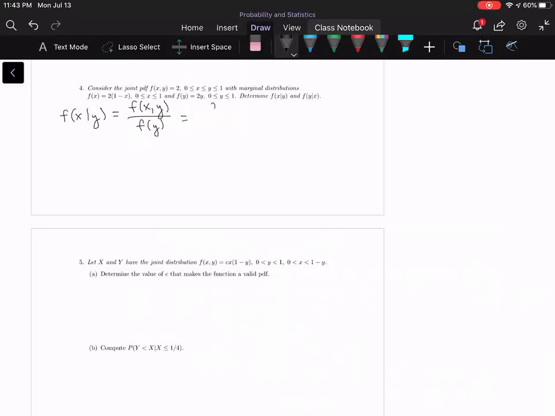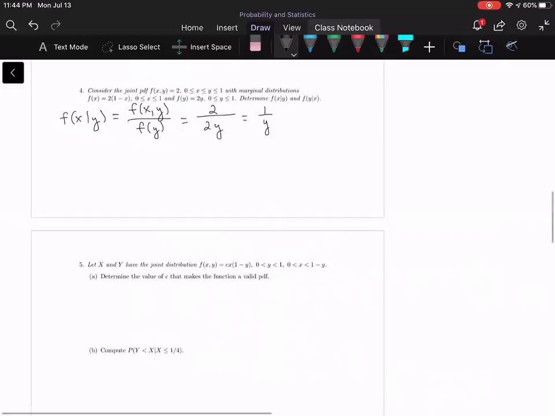The joint distribution is 2, and the marginal of y is 2y, which happens to simplify to 1 over y. Now, keeping in mind this is a distribution of x, because y is being conditioned on, so y is no longer random. The support here is that x is between 0 and y.